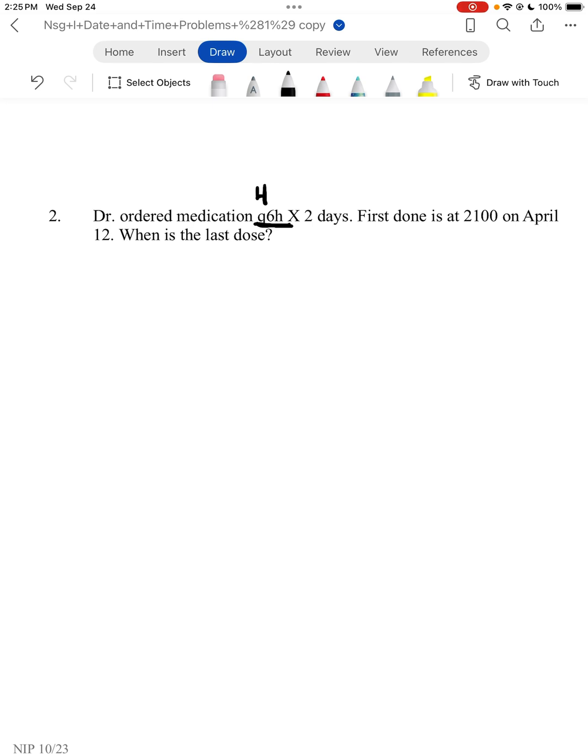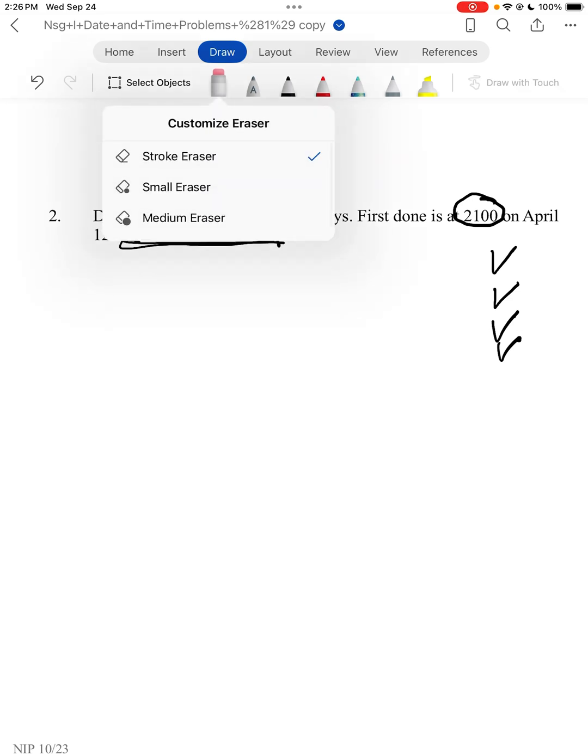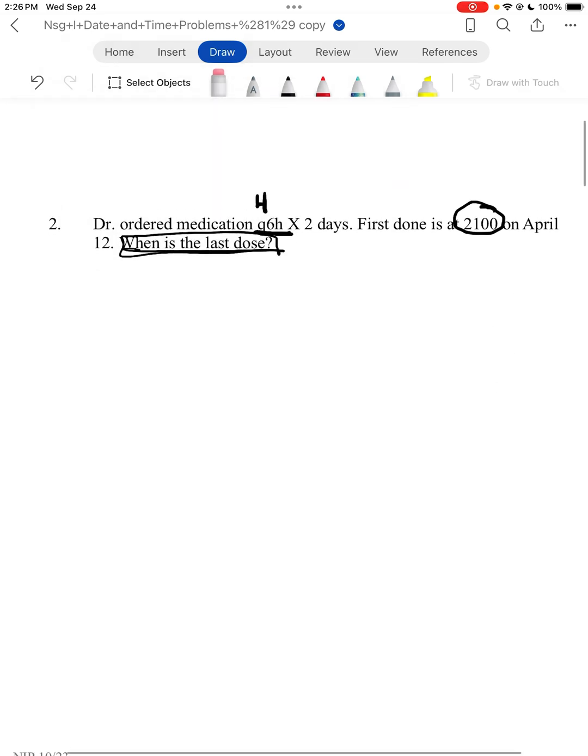Now, you need to find the checks in order to find out when the last dose would be if they start at 2100. The best way to find out how many checks you're going to need is to multiply 4 by 2, and that would be 8.